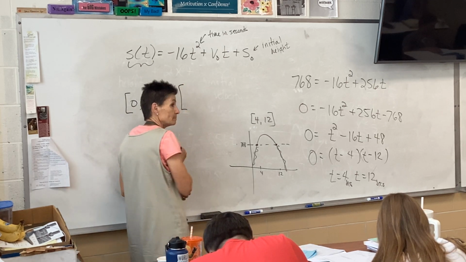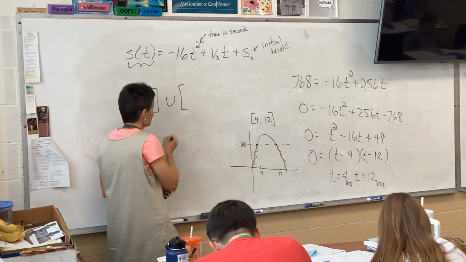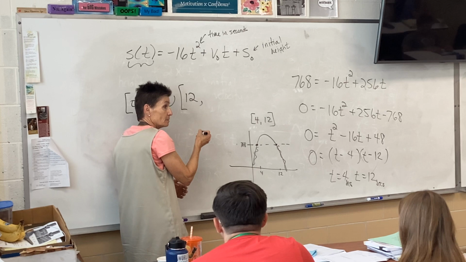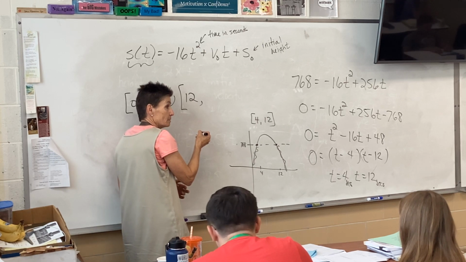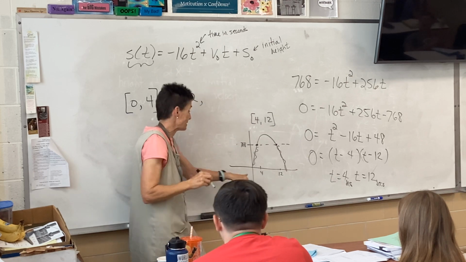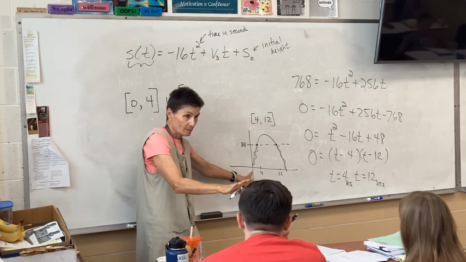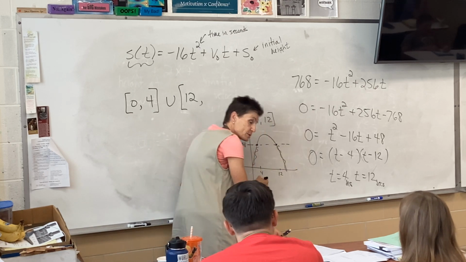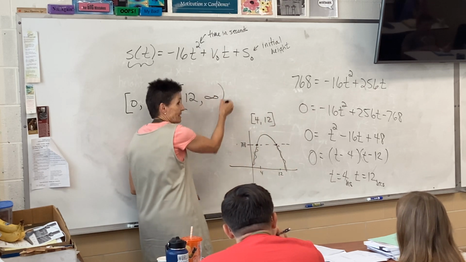Or 12, infinity? Now, 12 to 0 doesn't make any sense because 0's over here. I'm looking for t values. This also doesn't make any sense.